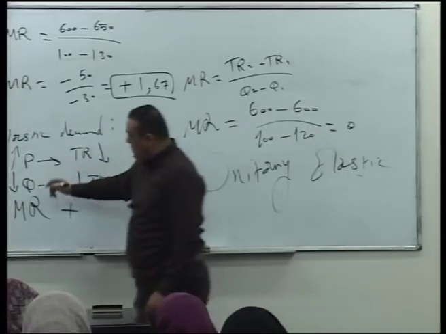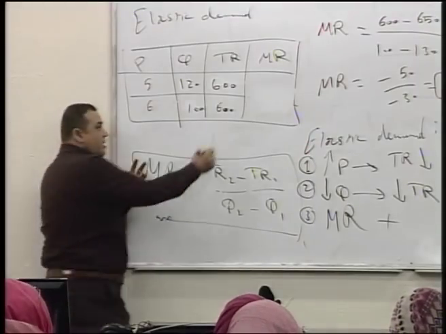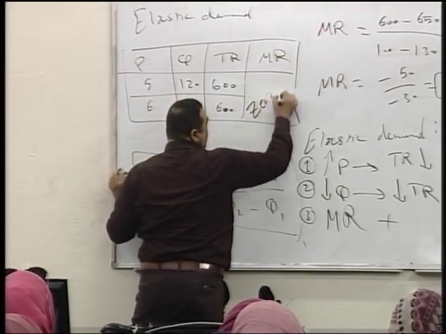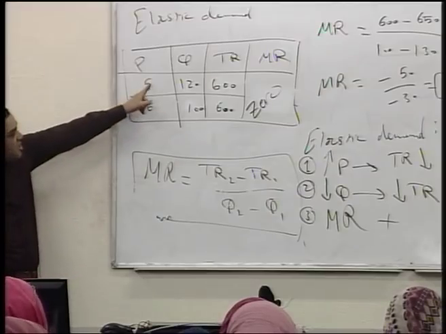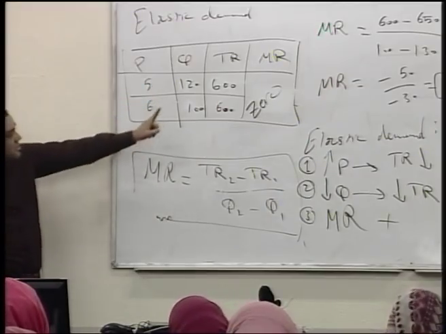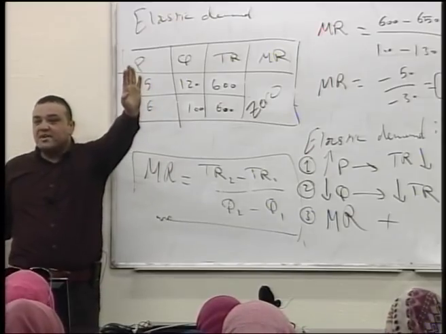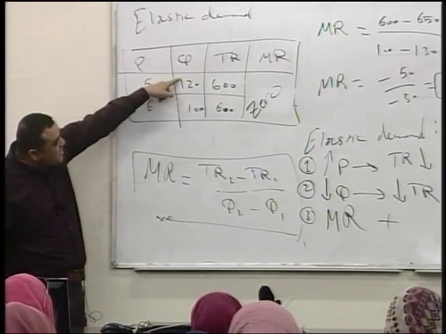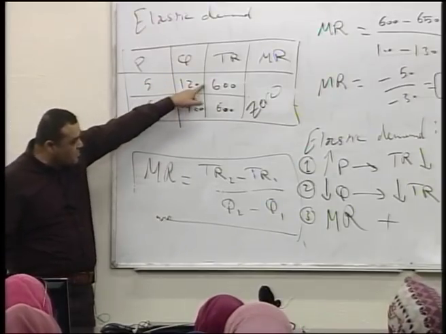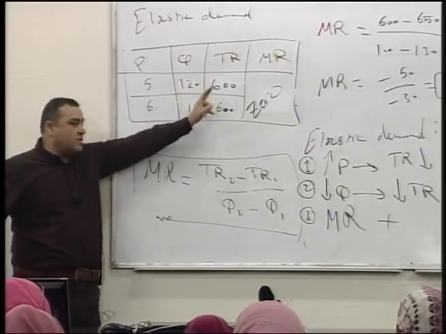So, the results here. When demand is unitary elastic, MR is zero. Yes. As the price goes up, total revenue remains constant, fixed, unchanged. As the quantity goes down, total revenue is unchanged. As the quantity goes up, total revenue is unchanged.